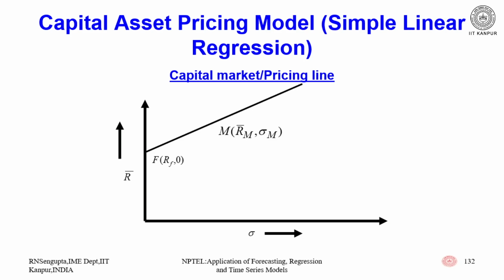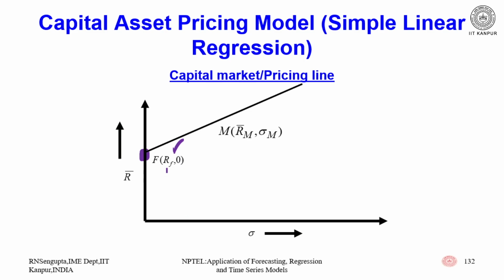So, this is the capital market line or pricing line, and if I plot it, consider this coordinate point where it touches the axis, and that is the intercept. At that point the value of the return will be given by RF, and the value of the risk is 0, because it is along the y axis.